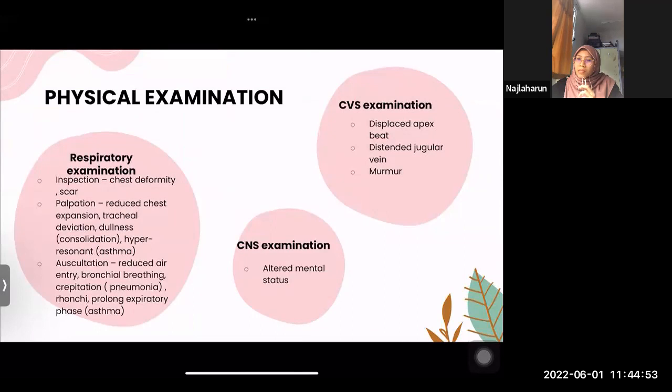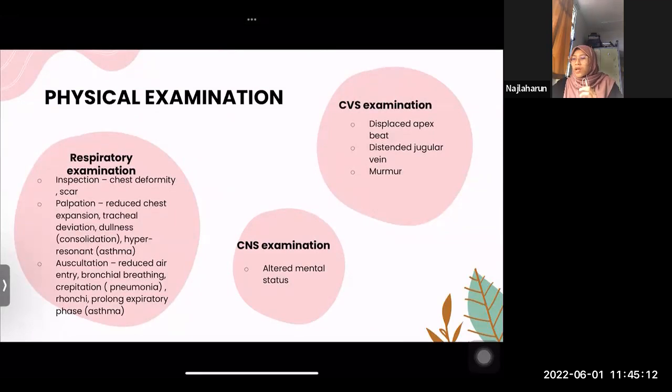For respiratory examination, do inspection, checking for any chest deformity or scar. For palpation, check whether there is reduced chest expansion, any tracheal deviation. On percussion, any dullness, which makes us think of consolidation, or hyperresonance.